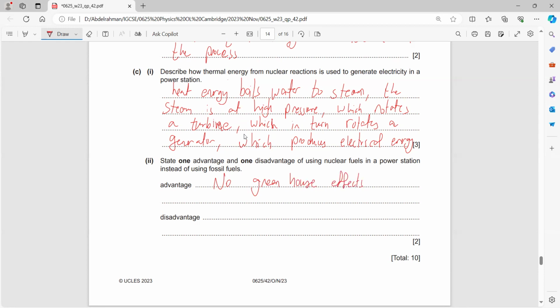What is one disadvantage? It's very expensive, and it's very dangerous too if there's a leak. Okay, it is very expensive, very dangerous if it leaks. Yes.